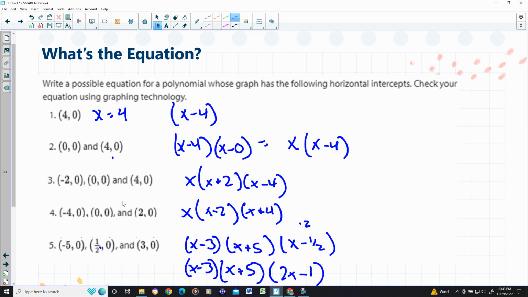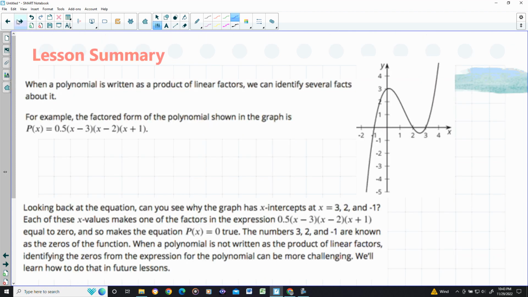So it's easy. If you know the factors, you can write the solutions. If you know the solutions, you can write the factors. Okay. So that's the big connection. No matter how many factors you have, no matter how many intercepts you have, that connection always exists.